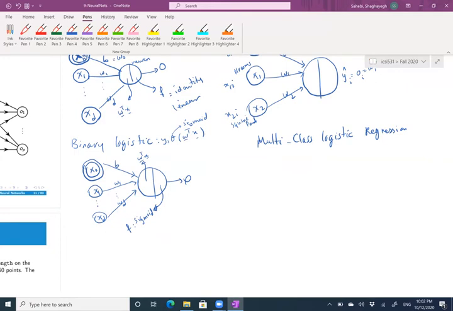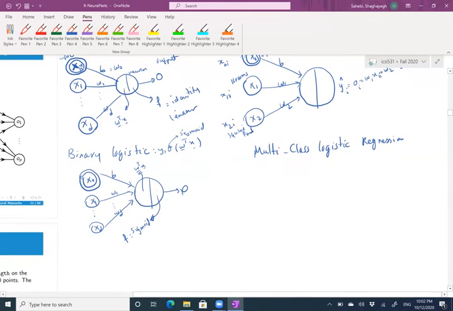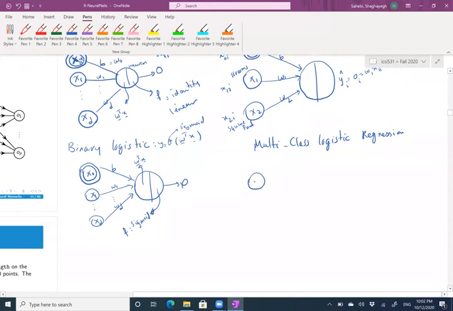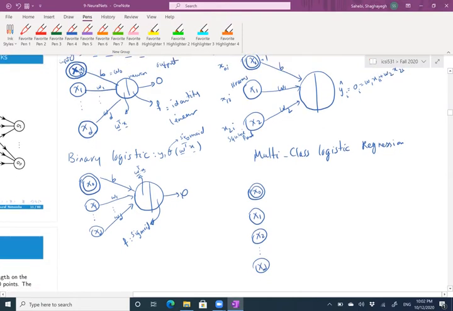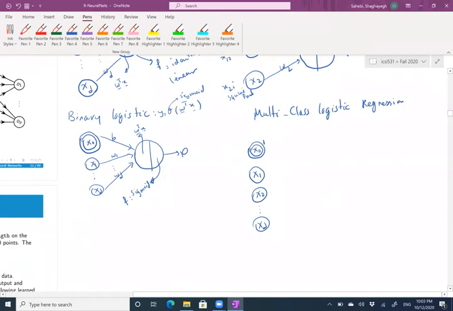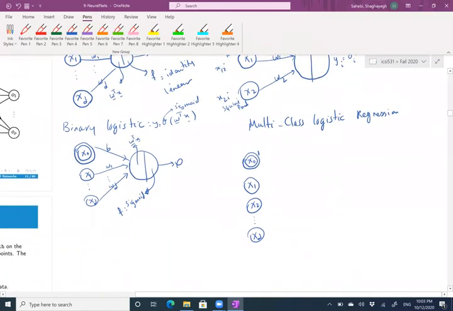So here we are going to have a similar situation. So our input is the same. I have my x0, x1, x2, xd. So similar to this example, I have x0, which is always 1. x1 can be number of rooms, x2 can be square footage, x3 can be number of bathrooms, etc. But because I'm learning a different set of parameters for each of the classes, I'm going to have one neuron per class.